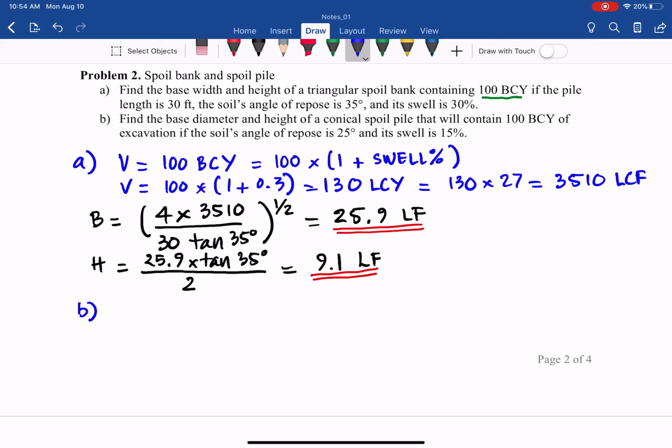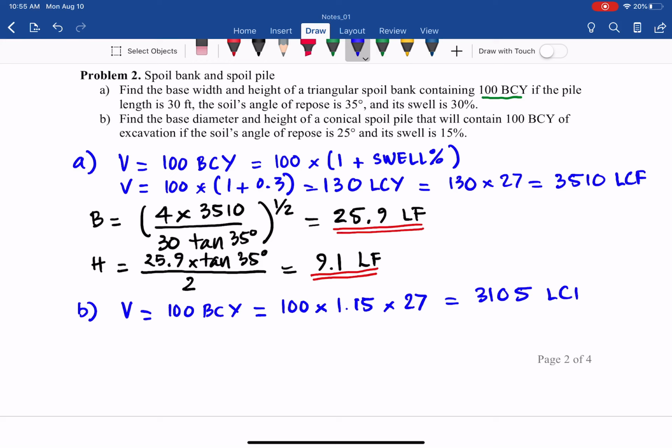So we have 100 BCY, times 1 plus swell percent, 15%, times the unit change of 27 for cubic feet.